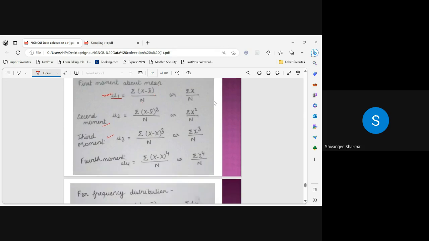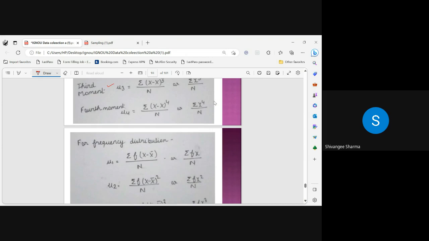Now, if you have frequency in the distribution, if that is not an individual series but a discrete series, the deviation will be x minus x bar only.